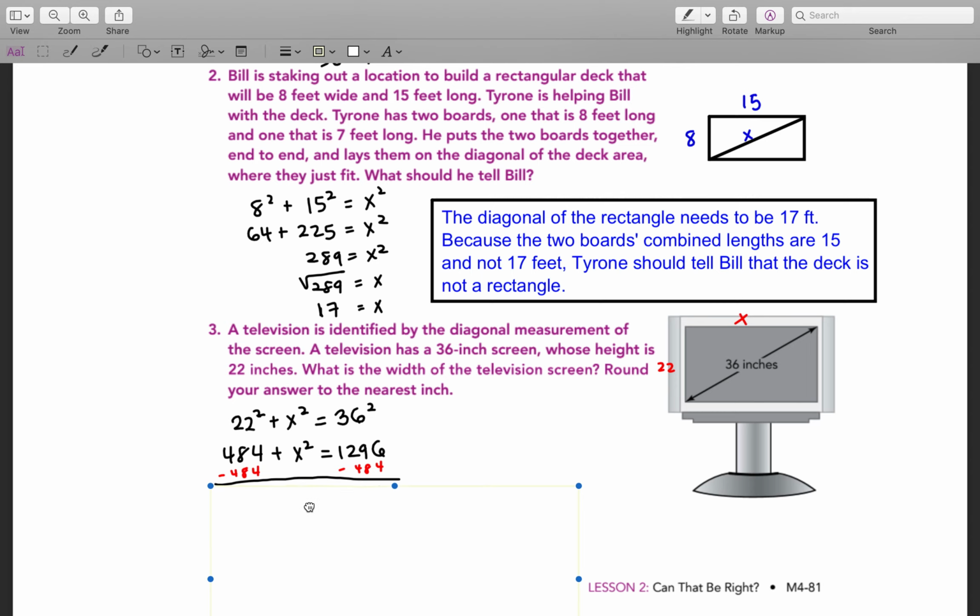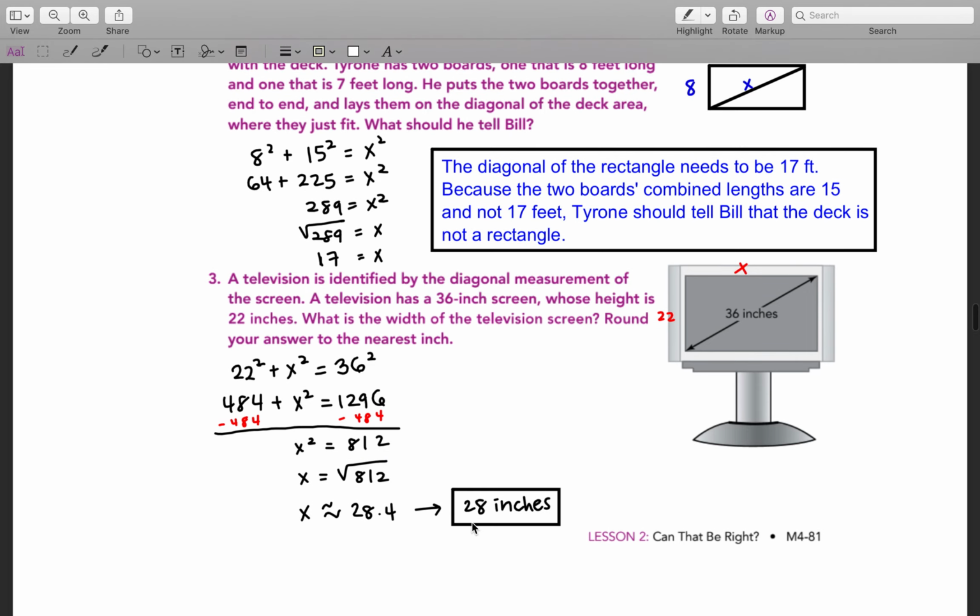Okay, so if we do that, we get x squared is equal to 812. But once again, we're not looking for x squared, we're looking for just the x. So we're going to have to take the square root of 812, which is 28.4 something something. And if you round it to the nearest inch, it'll be 28 inches.